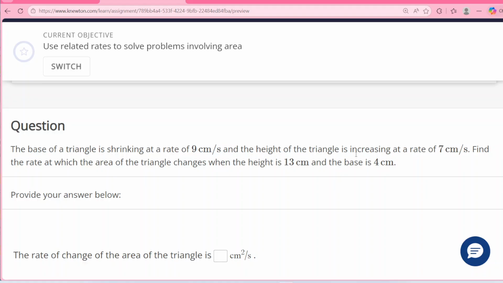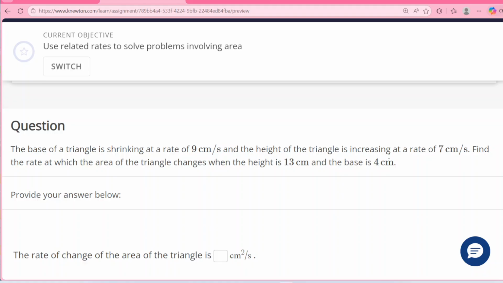And if anything is increasing, like the height, so the base of the triangle is shrinking at a rate of 9 centimeters per second, and the height of the triangle is increasing at a rate of 7 centimeters per second. So if a rate of change is positive, then you're increasing.